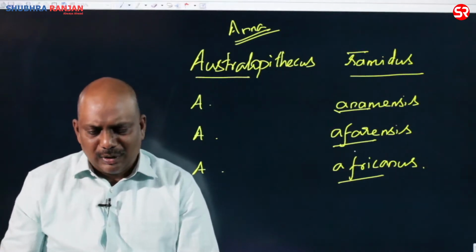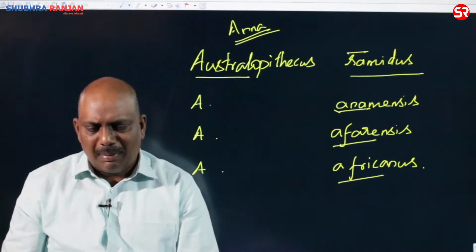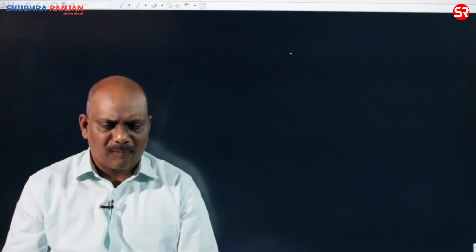In Robust, there are 2 important species. A few anthropologists refer to Robustus by a separate genus called Paranthropus. We can either call it Paranthropus or Australopithecus. Both are correct.